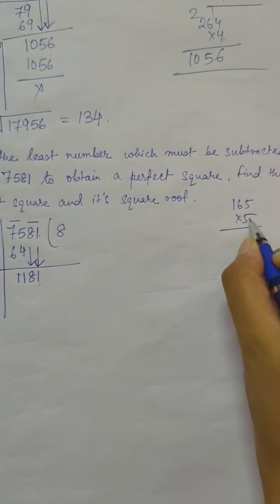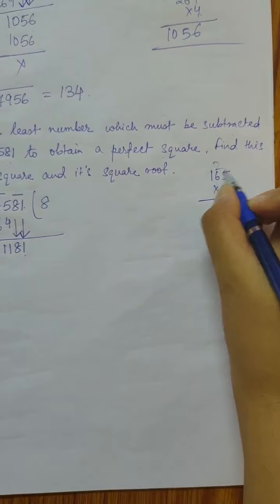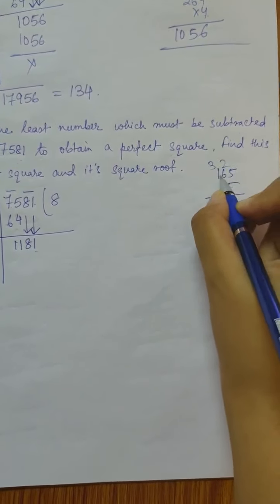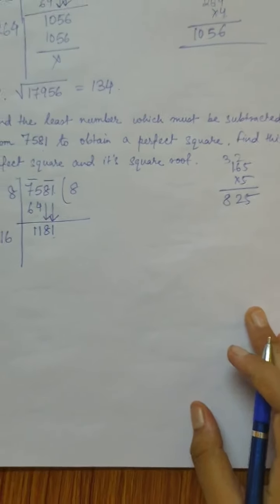So 165 into 5 gives us 5 into 5 25, carry 2, 5 into 6 30, 30 plus 2 is 32, then carry 3, 5 into 1 5 plus 3 8. So we are getting 825.